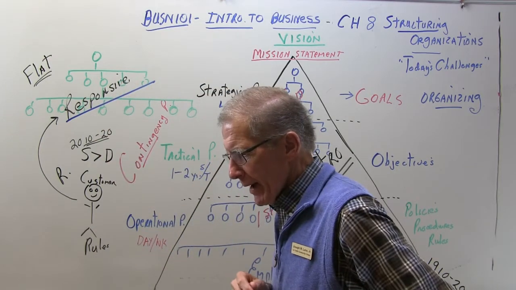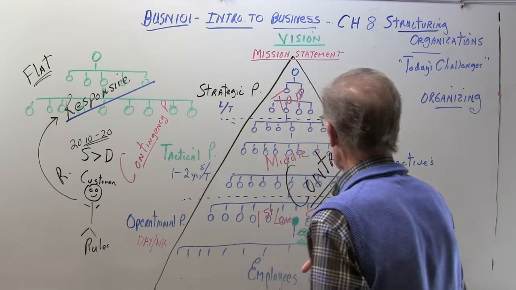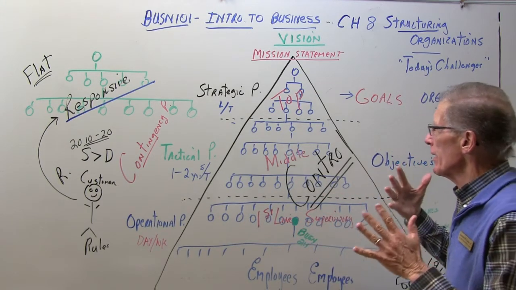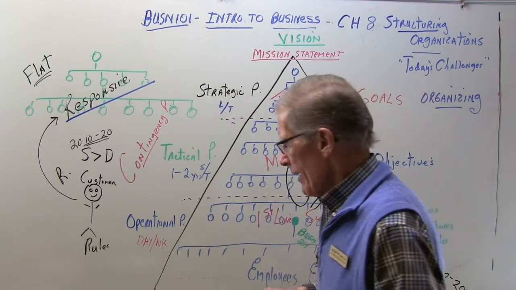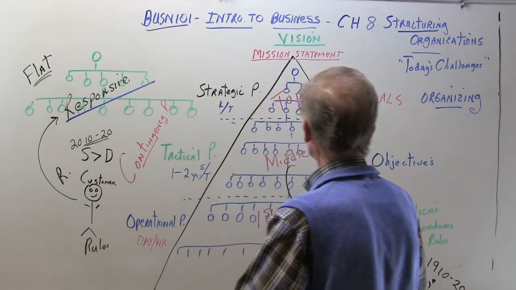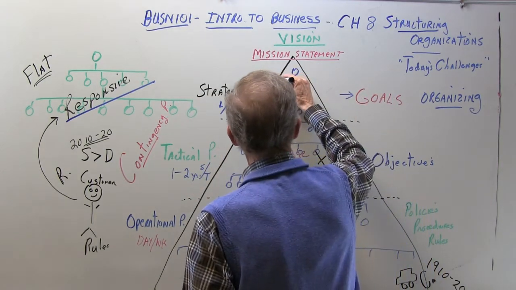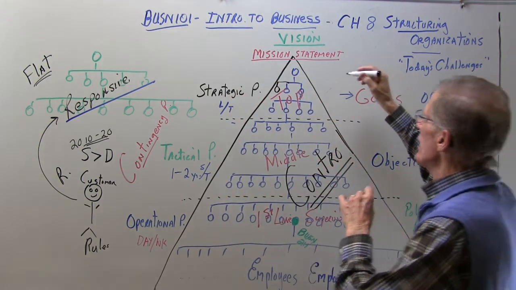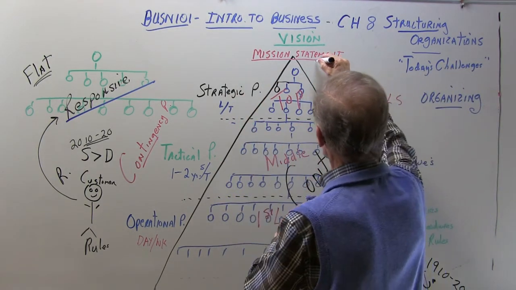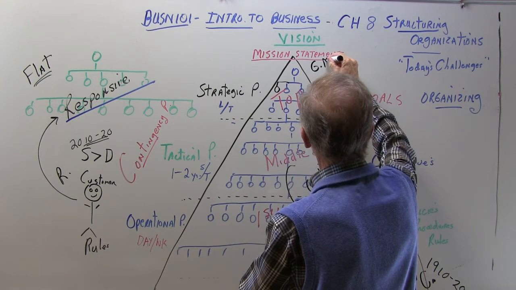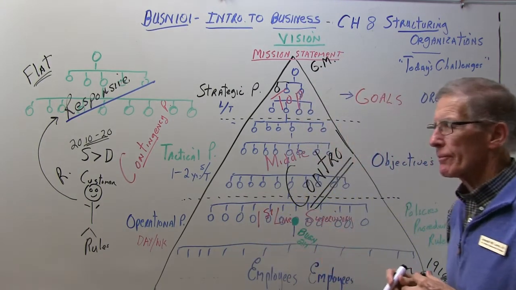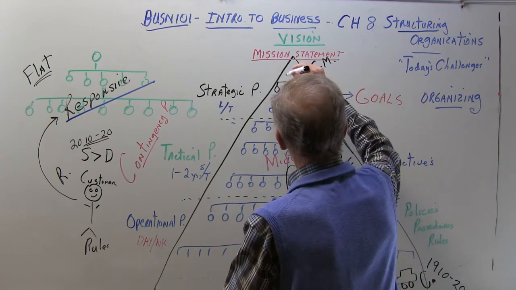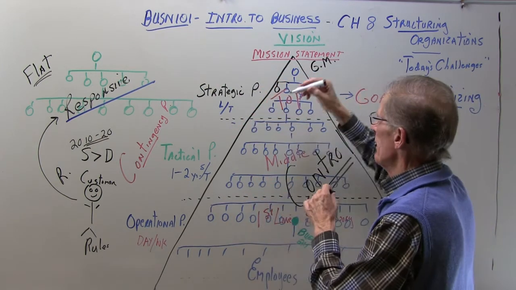Now, I've put on your handout, and I'm ready to go crazy here and mess this up. I need one more. I'm going to make this company right here General Motors. If you can't see it, maybe you can just hear me.